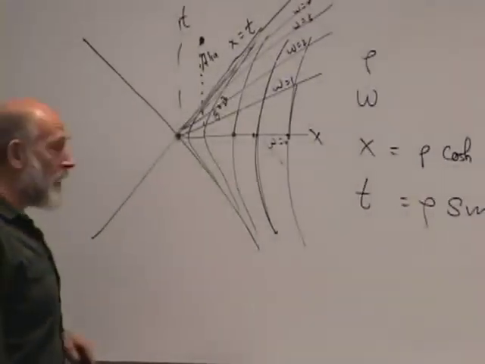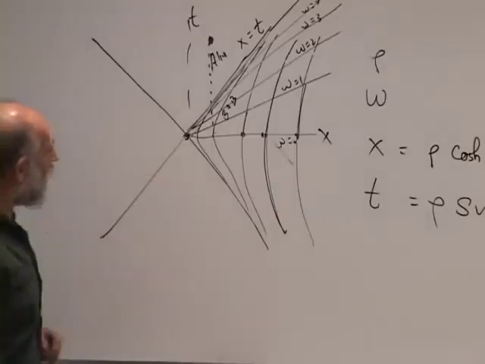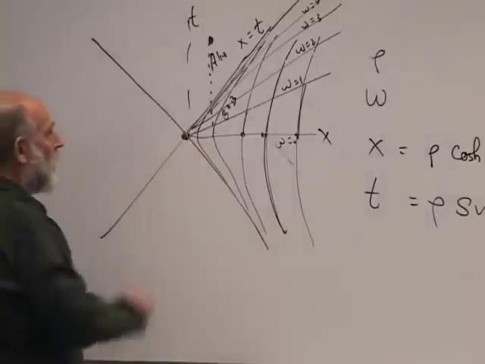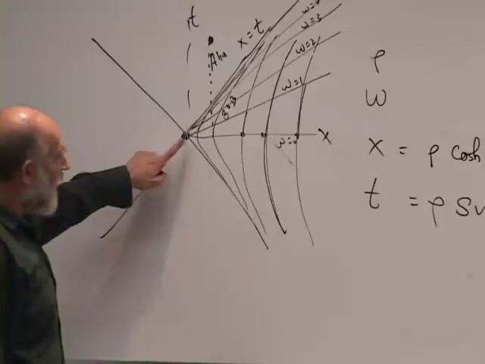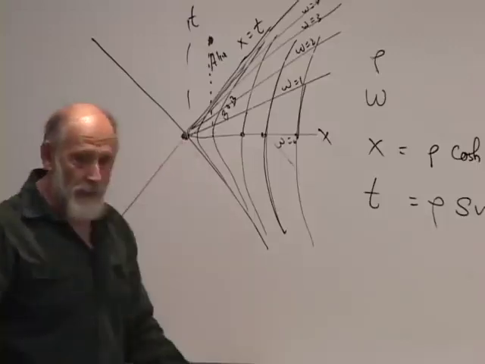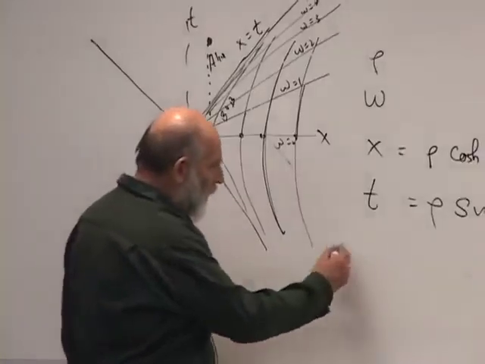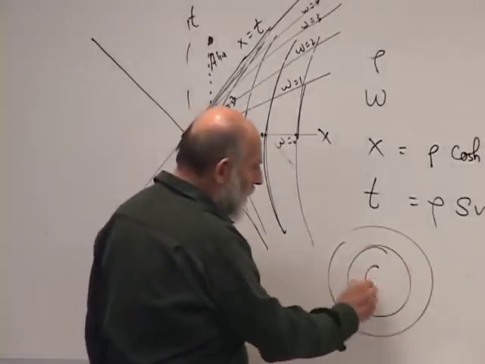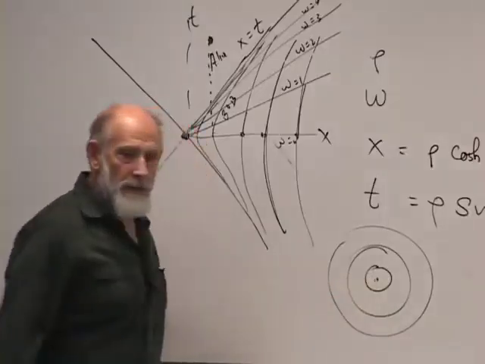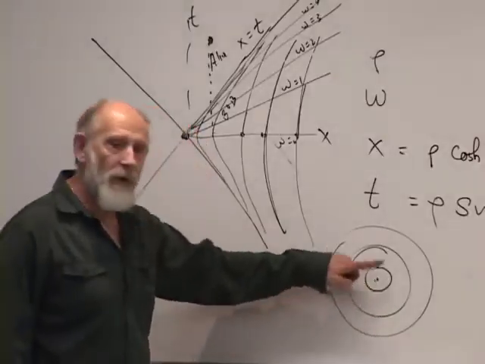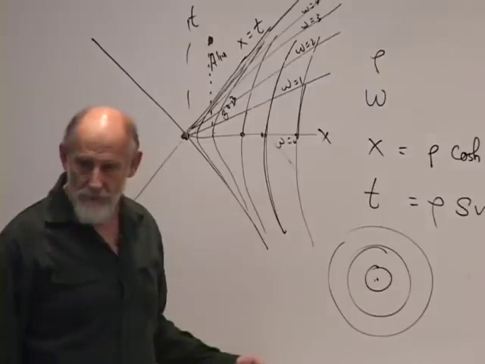Now, there's nothing physically important going on here. It's just that we've chosen coordinates which have a particular center over here such that, if we went to ordinary polar coordinates, it would just be the statement that at the center, any amount of angle at all corresponds to no circumference.